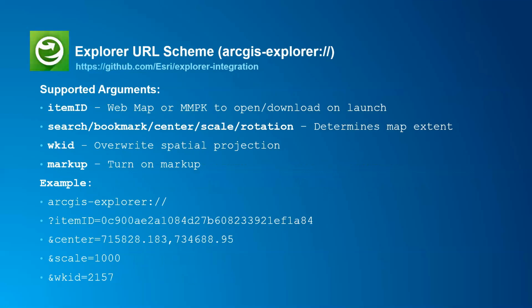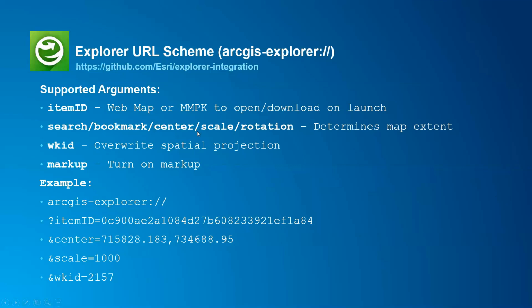The next app is Explorer. The URL scheme for that supports an item ID. What it's expecting in there is a web map or a mobile map package, and then there's lots. This is actually probably one of the most capable URL schemes. You can do a lot of things like search and define a bookmark to go to, or define a scale or center scale or rotation.